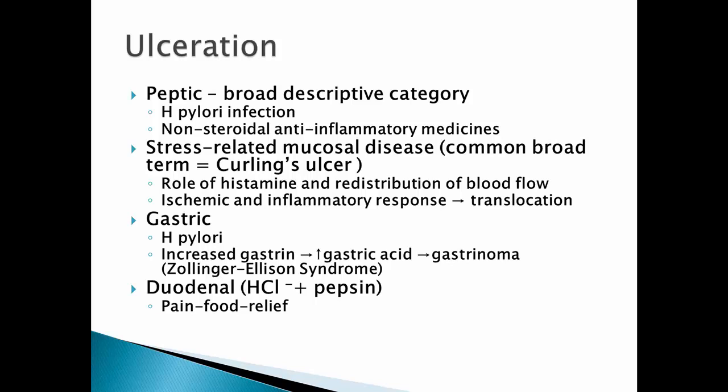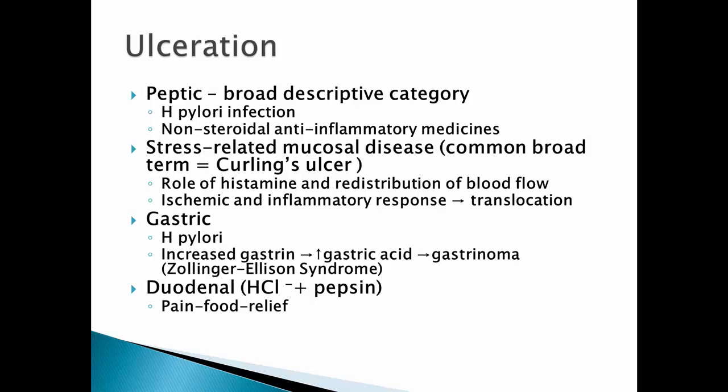At the same time, we know that with our stress response, our circulatory system, our hemostasis, blood shunts away from the GI tract, because it's not the highest priority. Lungs, brain, heart get a higher priority. As that blood shunts away from the GI tract, this stimulates both an ischemic as well as an inflammatory response.